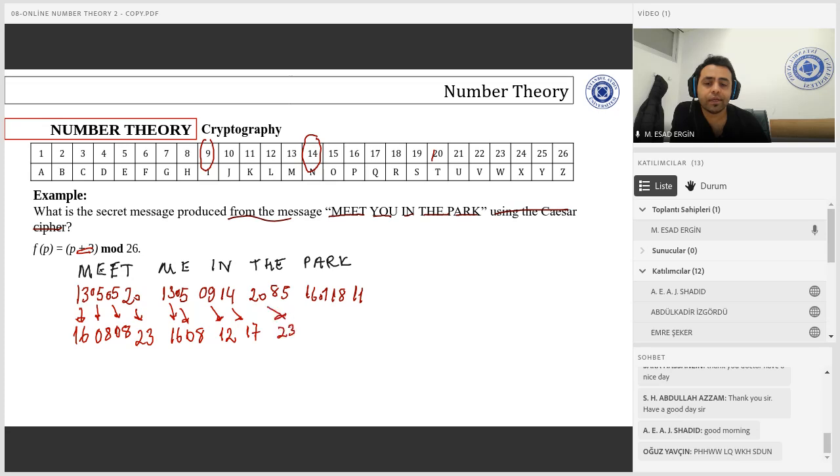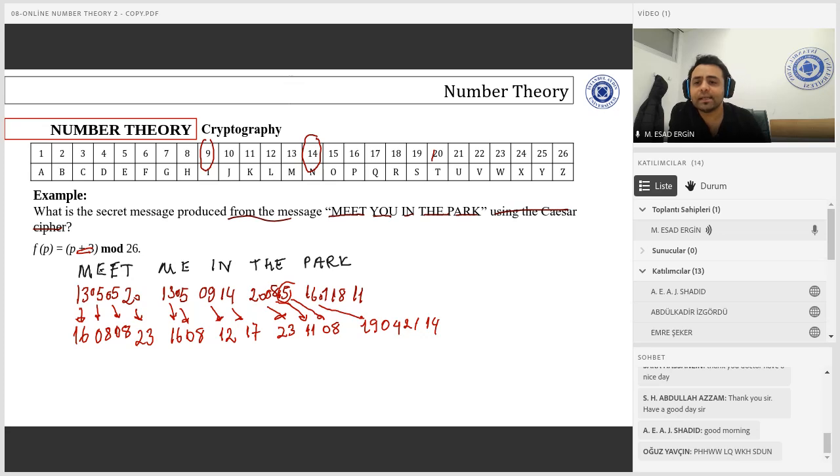This will be 23, and H will be 11, and now this will be 05, and it will be 08. Now it will be 16, it will be 19, and 01 will be 04, 18 will be 21, and 11 will be 14.